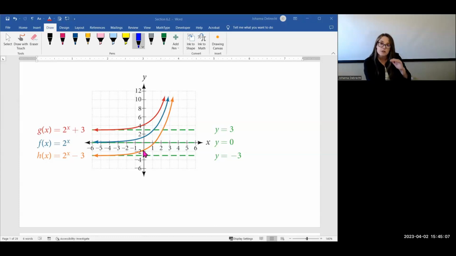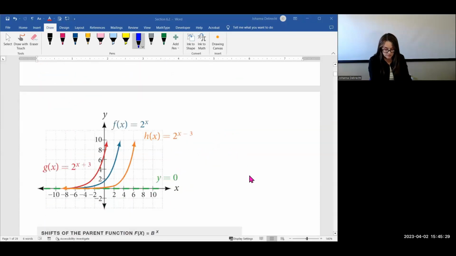Notice that this also shifts the horizontal asymptote. If I shift it up by 3, the new horizontal asymptote is y equals 3. And if I shift it down, the new horizontal asymptote is y equals negative 3. The x-axis, or y equals 0, is the horizontal asymptote of the parent function.